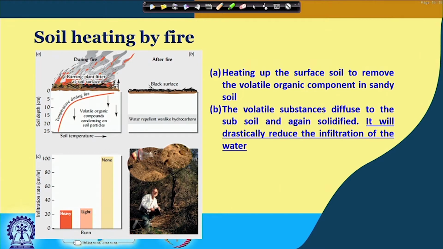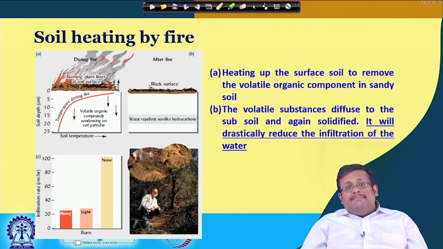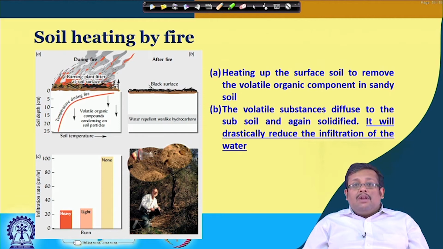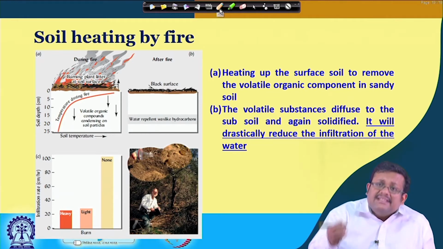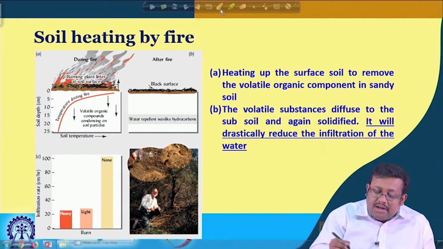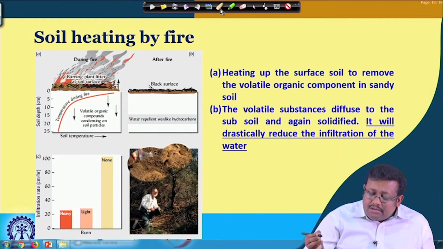Let us see what is the implication of soil temperature in soil heating by fire. Remember that when heating up the surface soil to remove the volatile organic carbons in sandy soil, as a result of the heating of the surface soil, the volatile organic compounds diffuse to the subsoil and get solidified there.